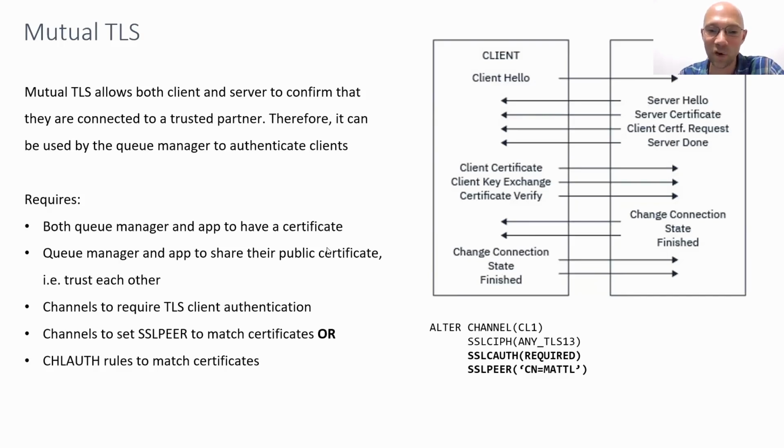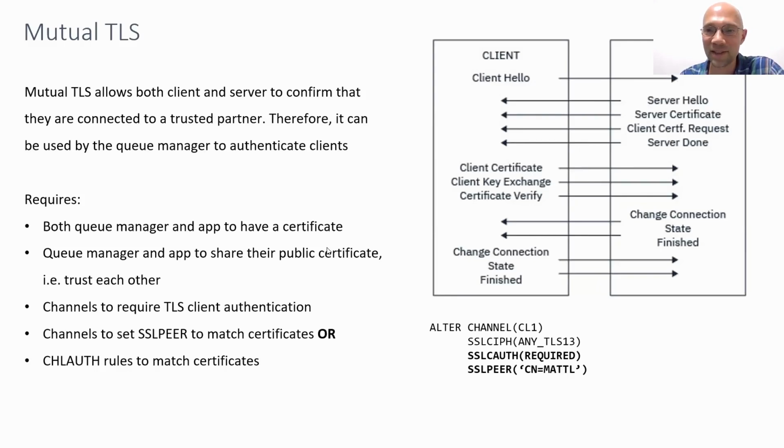So that SSLCAUTH parameter on the channel definition that you can see in the bottom right of the slide, that is what tells the queue manager that it needs to request a certificate from the client for the TLS handshake to succeed, and it needs to be provided by the client and, of course, be trusted in order for the handshake to succeed.